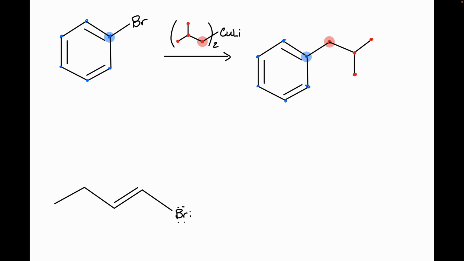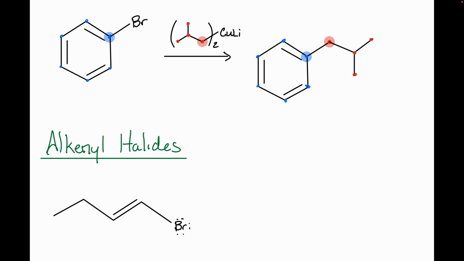So this will specifically be for what are called alkenyl halides. Right, not alkyl, but alkenyl, because we have a carbon-carbon double bond. All right, and again, we've got to worry about our stereospecificity.